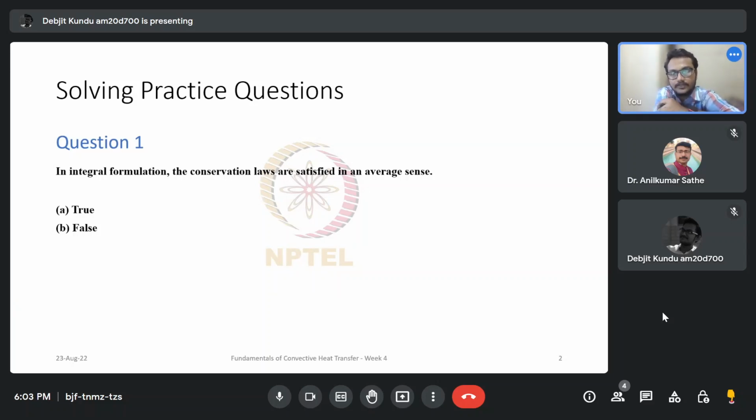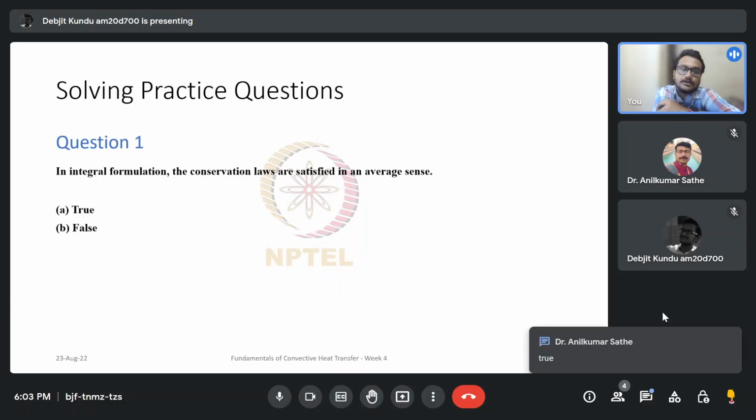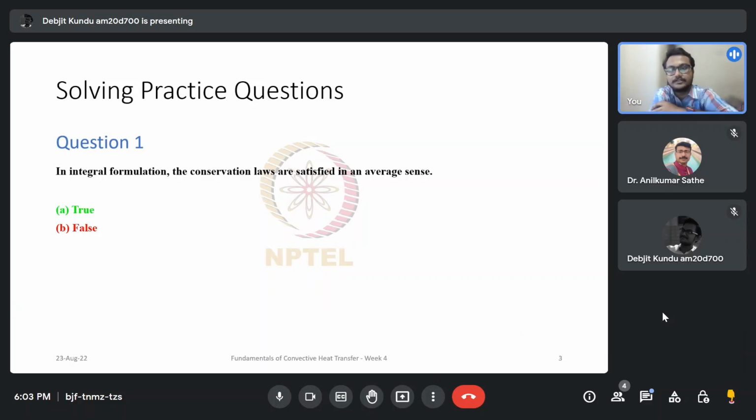So that is what integral formulation is. So the answer is: in integral formulation, the conservation laws are indeed satisfied in an average sense. We lose the idea of variation along y, and we get an average sense.